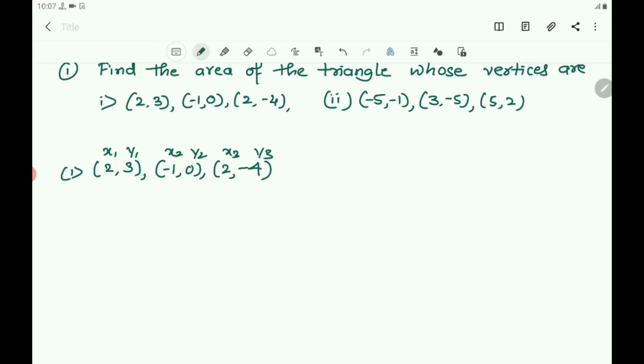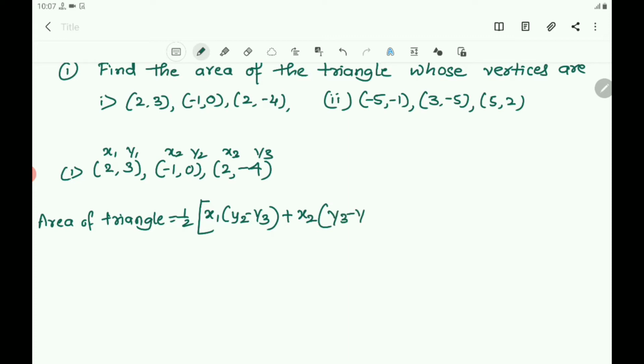So, write area of triangle ABC equals half of, under the square bracket you write x1 into (y2 minus y3) plus x2 into (y3 minus y1) plus x3 into (y1 minus y2). You must write the formula like this way only.